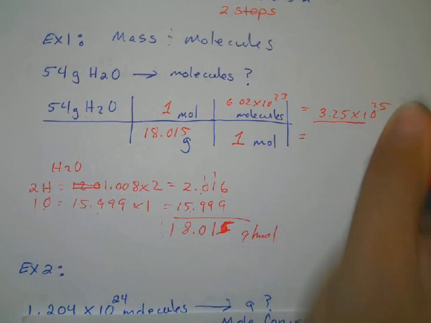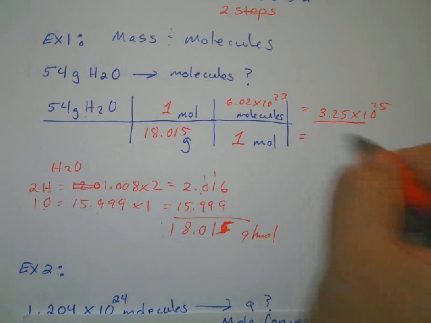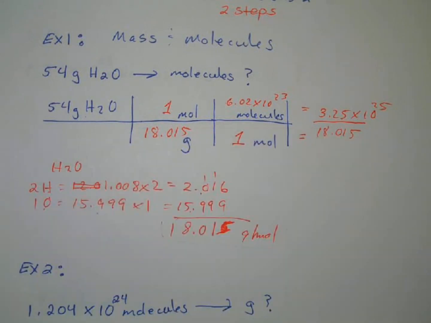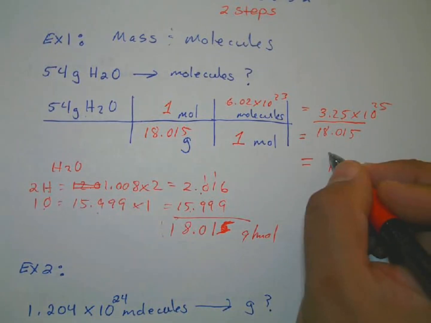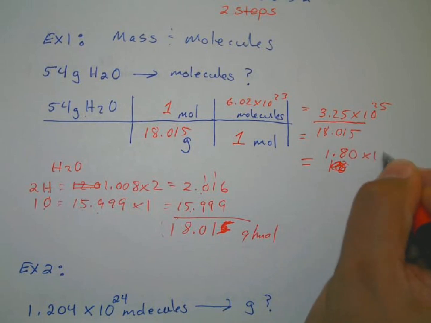I'm going to multiply the bottom together: 1 times 18.015 gives me 18.015. So now I'm going to divide. I take 3.25 times 10 to the 25th divided by 18.015, and that gives me a final answer of 1.80 times 10 to the 24th molecules.